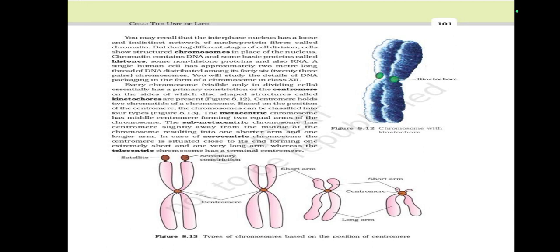In the case of an acrocentric chromosome, the centromere is situated close to its end, forming one extremely short and one very long arm, whereas the telocentric chromosome has a terminal centromere.